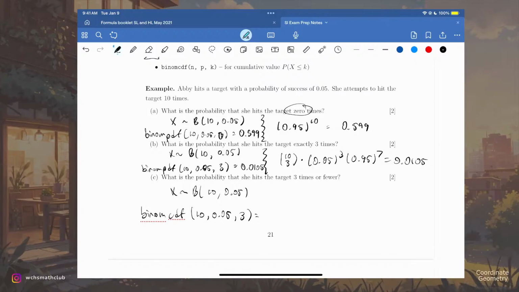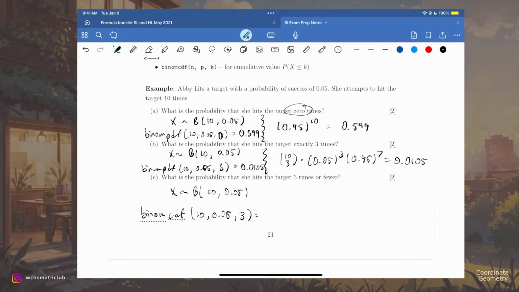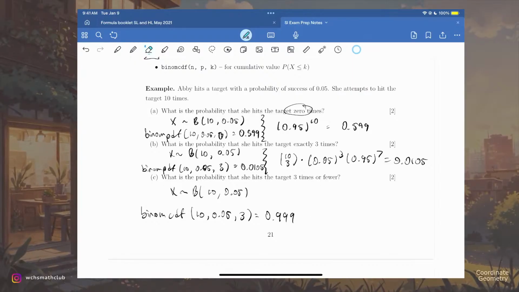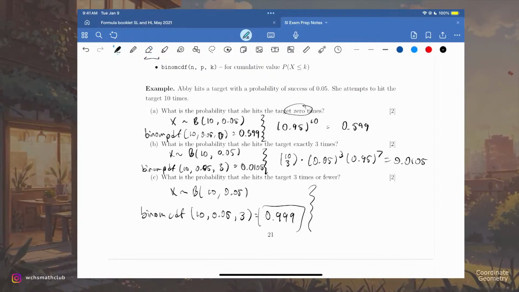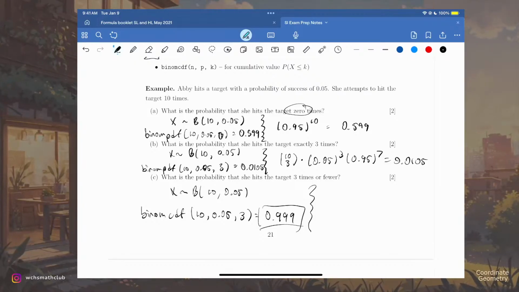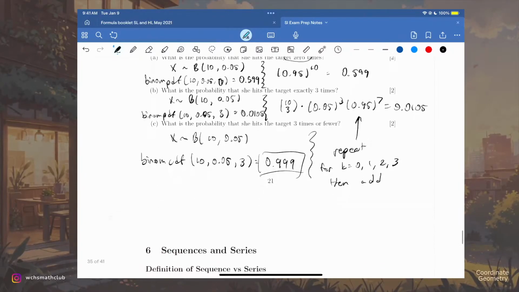If I calculate it in the calculator, I get 0.999, so extremely likely. If you do this traditionally, mathematically, we essentially repeat this process for k equals 0, 1, 2, and 3, and then add. That's obviously a lot more tedious, so just use your calculator for these types of questions.